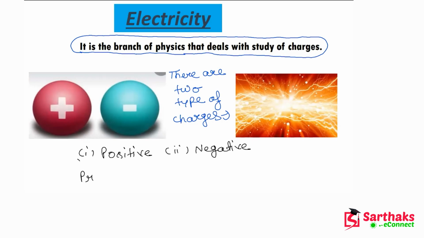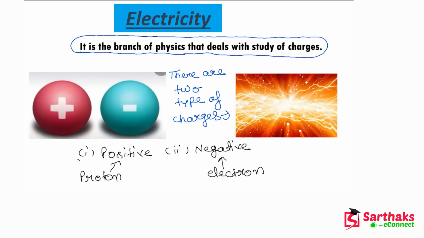So proton carries positive charge. On the other hand, electron carries negative charge. So the flow of these charges generates electricity. So why are we getting electricity? Because of the flow of these charges.